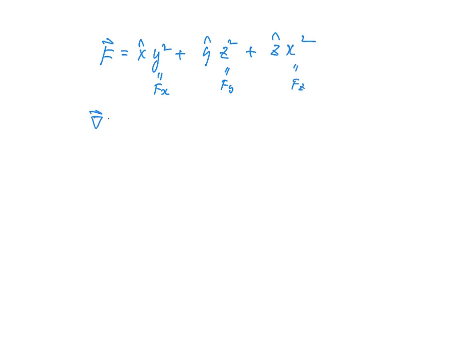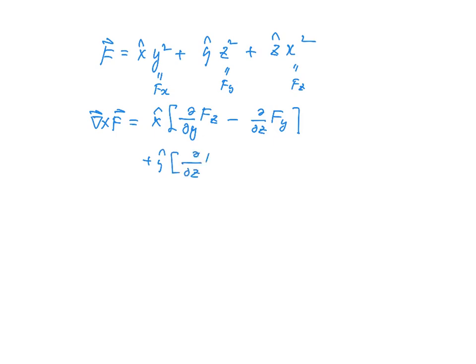So call it F. The x component: partial y of Fz minus partial z of Fy, plus y times partial z of Fx minus partial x of Fz, plus z times partial x of Fy minus partial y of Fx. All right.